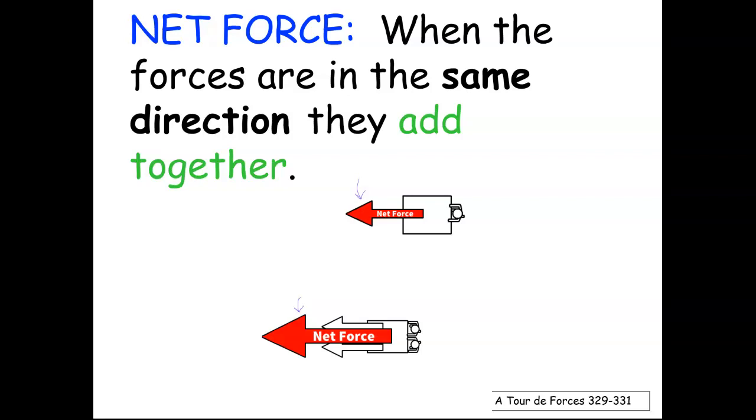So the size of the arrow tells you about the force. Let's say every person can apply 5 newtons. If there are 2 people, we have 5 newtons plus 5 newtons, so here we would have 10 newtons of force. Each person's force is going in the same direction, so they add together.